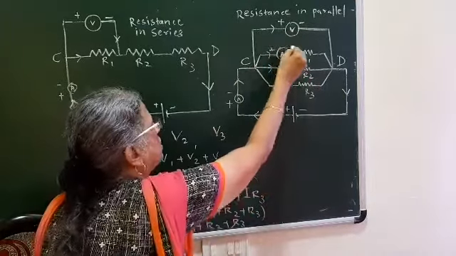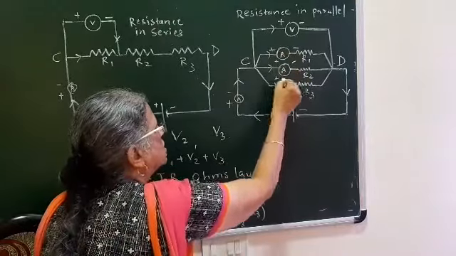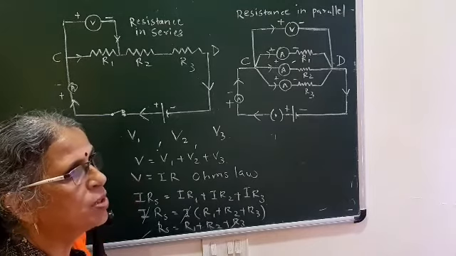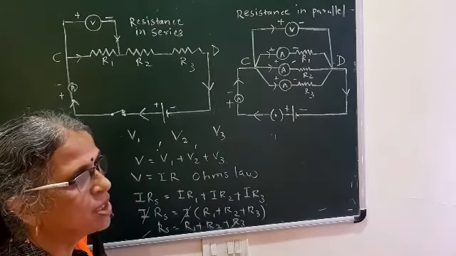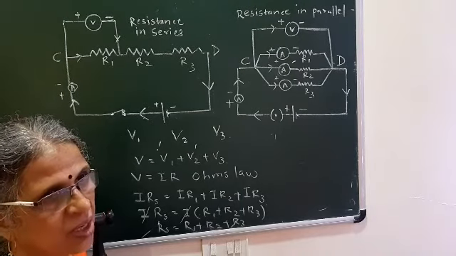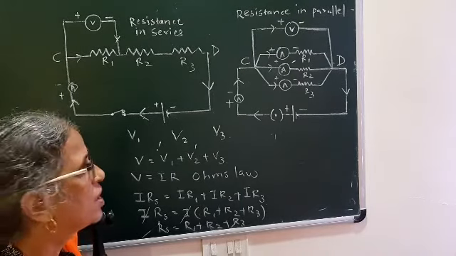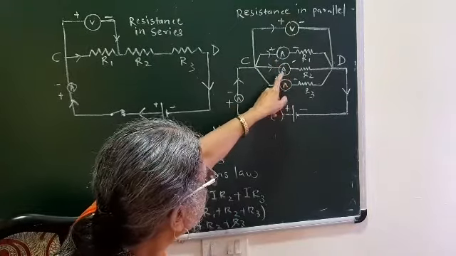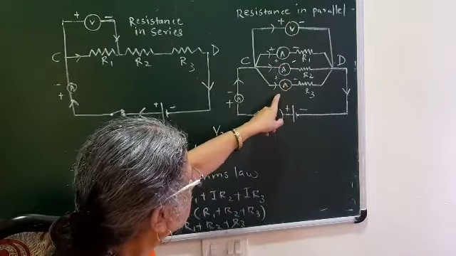Then another thing: as the potential difference remains the same here, what are we going to measure? Current. We measure the current with the help of an ammeter. How is the ammeter connected? It is always connected in series, and therefore an ammeter is connected for R1, for R2, and for R3.